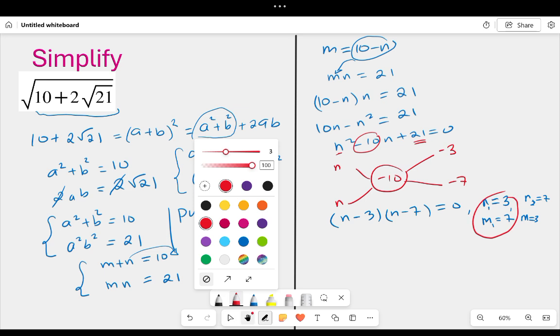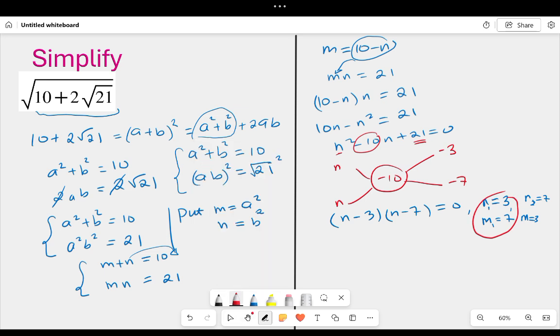Now we go back to the substitution that we did earlier, whereby m was equal to a squared. Now m is equal to 7, and n is equal to 3, and vice versa.